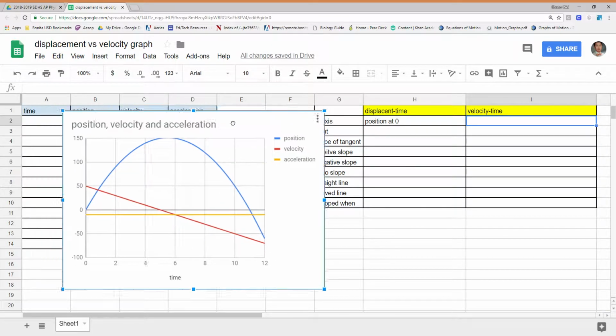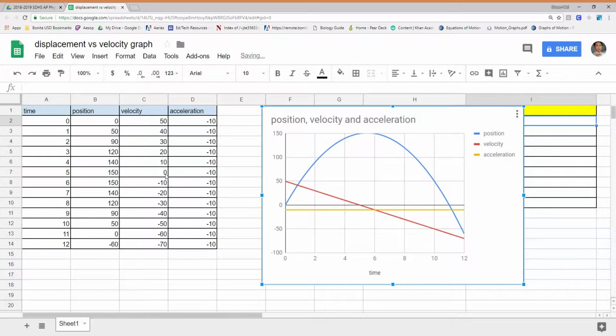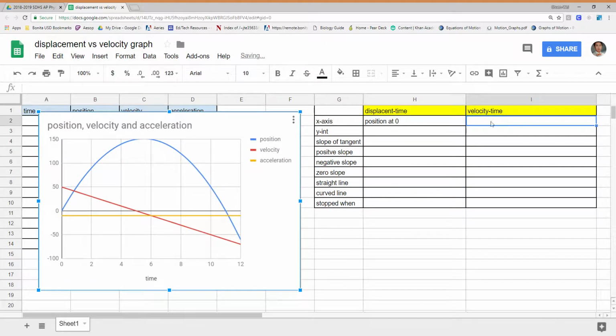For this velocity graph, when this velocity graph hits the x-axis, right, when the velocity is at 0, that means this thing is at the apex of its path. That means the ball went to the very top, and when it hits the x-axis, that means it's at 0, right? Velocity is 0. That means it stops. So this means that this thing stopped, right?